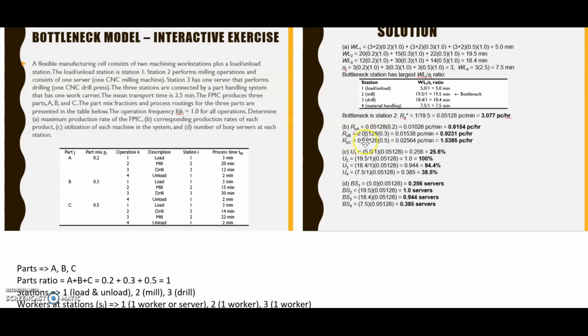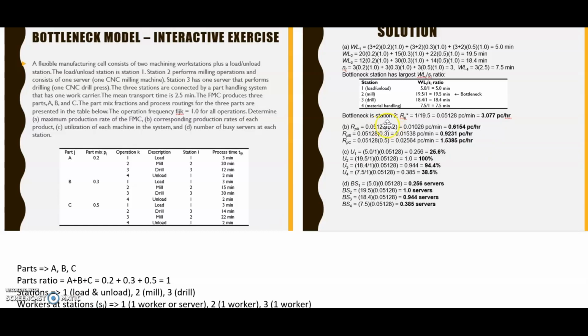For part B it is 0.05128 times 0.3, and for part C it is 0.05128 times 0.5. Multiplying gives pieces per minute, which we convert into hours. The production rate for part A is 0.6154 pieces per hour, part B is 0.9231 pieces per hour, and part C is 1.5385 pieces per hour.